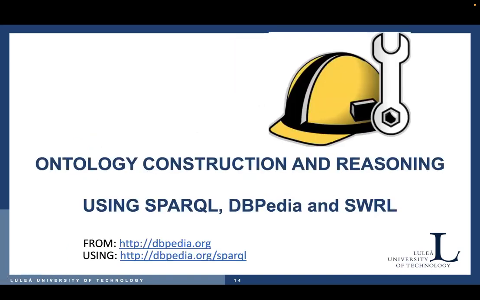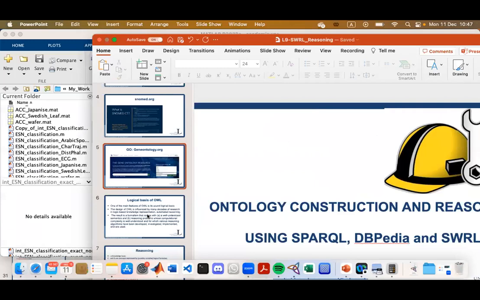So let us do this exercise that I couldn't complete last time. We will go to SPARQL. You remember SPARQL is a query language for ontologies. So we go to dbpedia.org.